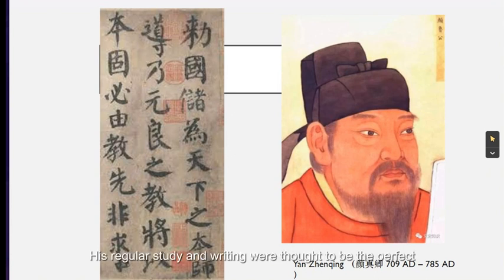His regular, steady writing was thought to be the perfect presentation of these qualities of a Confucian official, or a man of dignity in ancient China. In an imperial exam, by the way, good handwriting would determine one's career.